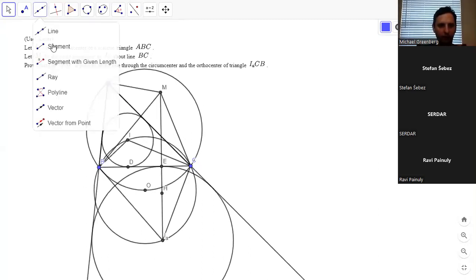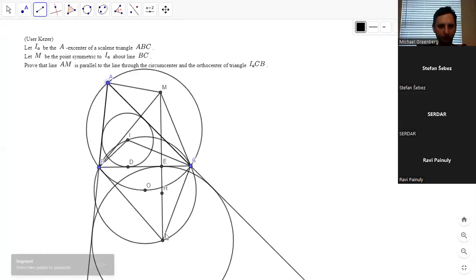So we can draw that segment. It is just proving IH is parallel to AE, and that's obvious. If we prove it by ratios, we can prove that IAO over IAA equals IAH over IAM, if you prove that parallelity.